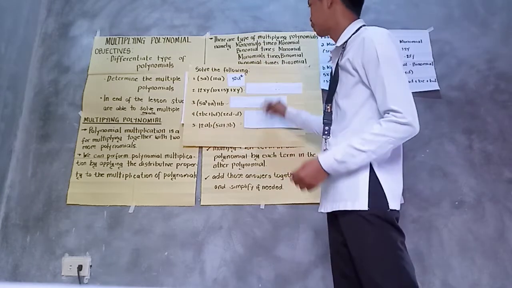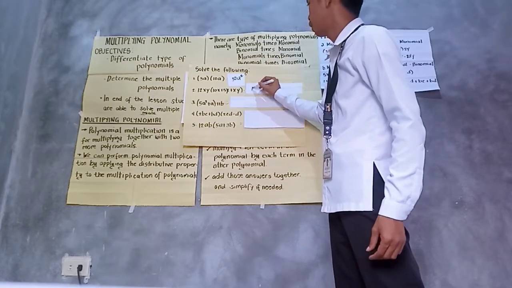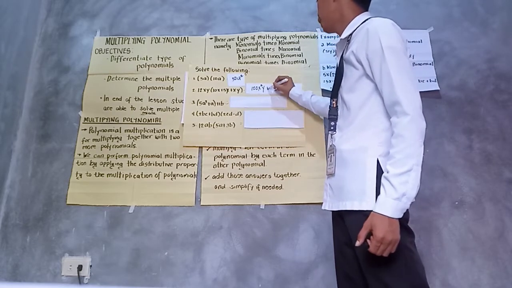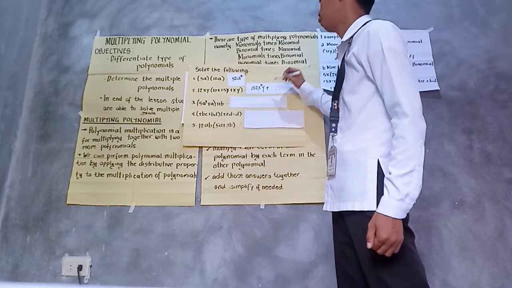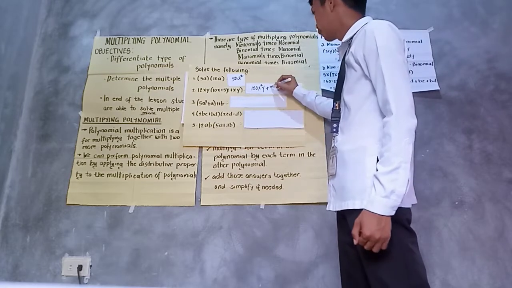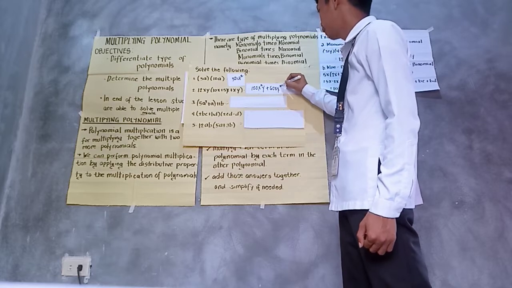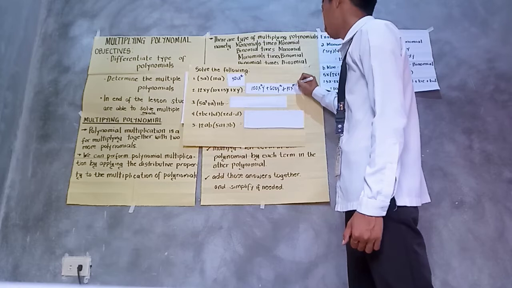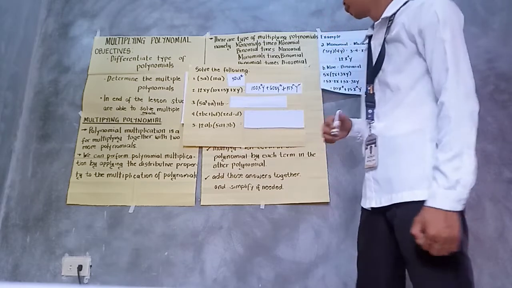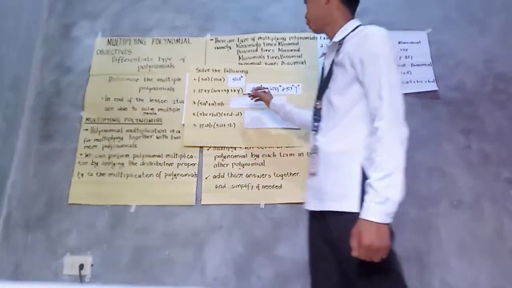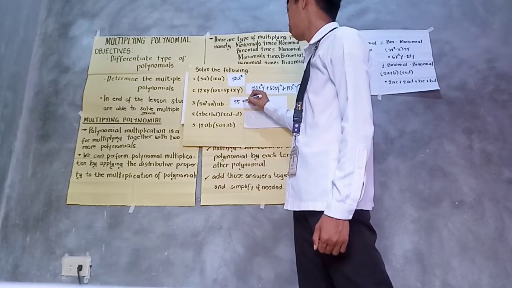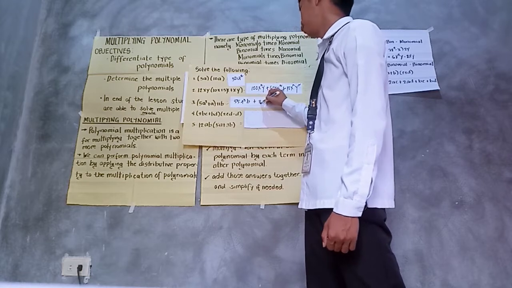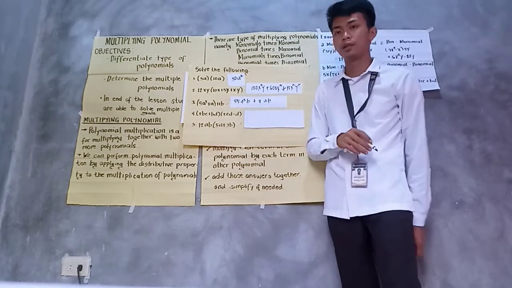For number 2 is 120 x squared y plus 60 xy squared, then plus 12 x squared y squared. For number 3, 55 a squared b plus 11 ab.